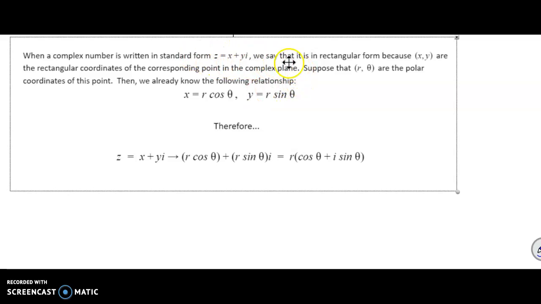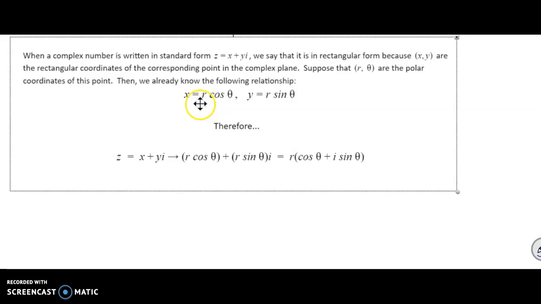We say that this complex number is in rectangular form because we have x and y, which are rectangular coordinates. But we can also use theta, like what we've been using this entire chapter so far, of polar coordinates. We already know these relationships: x equals r cosine theta, and y equals r sine theta.